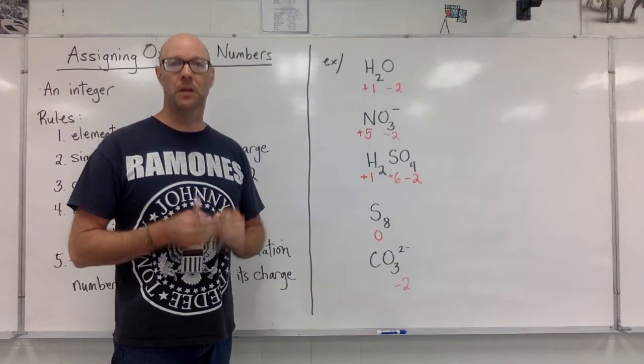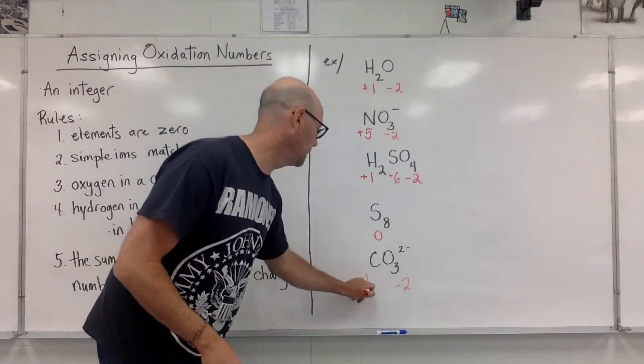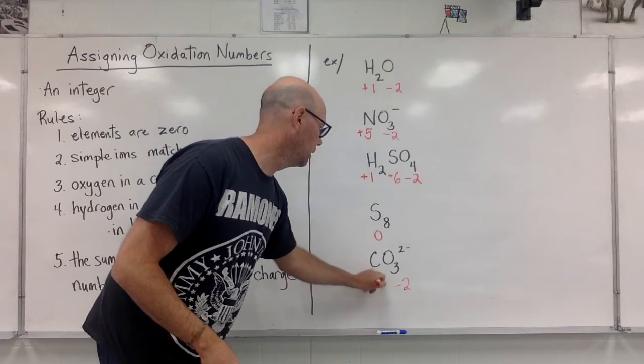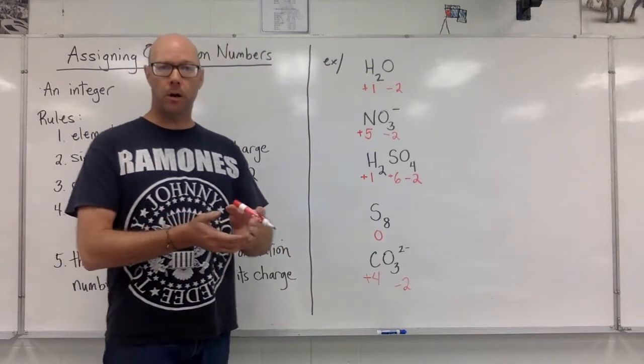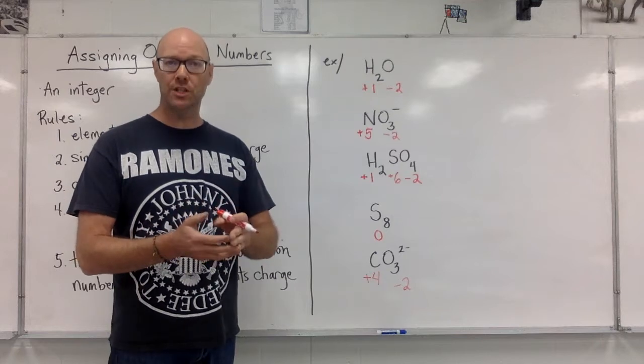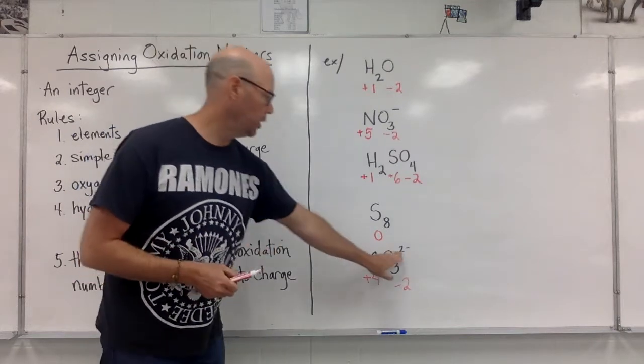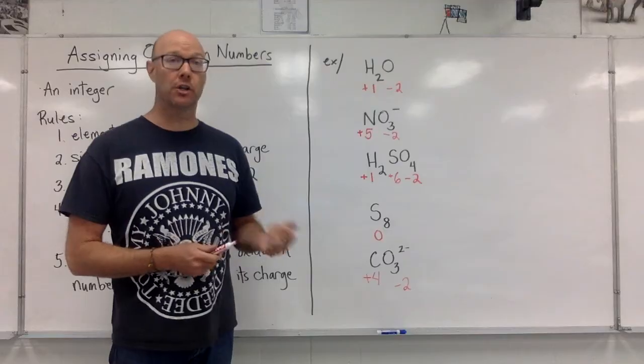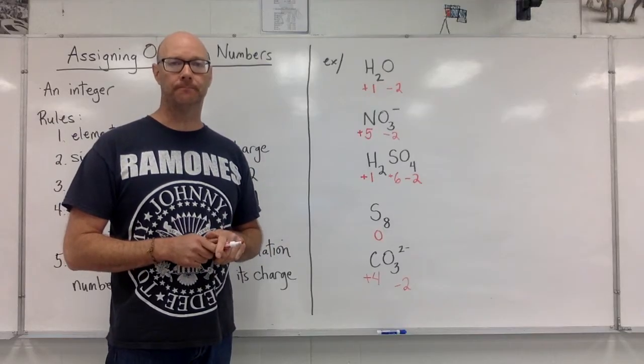So the carbon here is +4. One carbon at +4, 3 oxygens at -2 each. When we add all of that up, we get -2, which is the charge of this polyatomic anion.